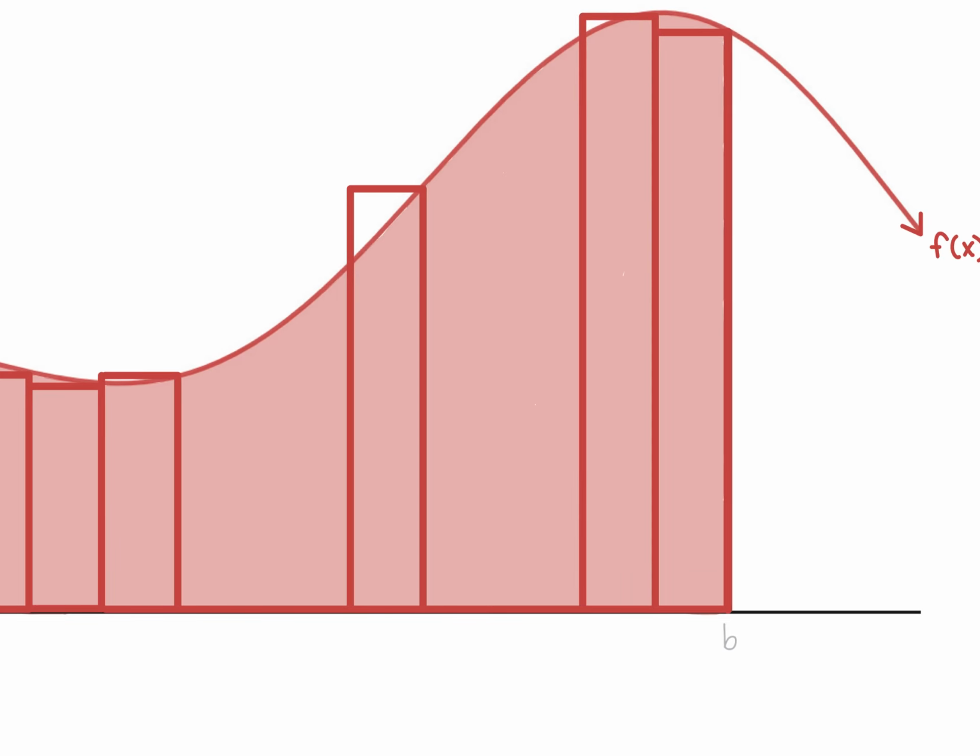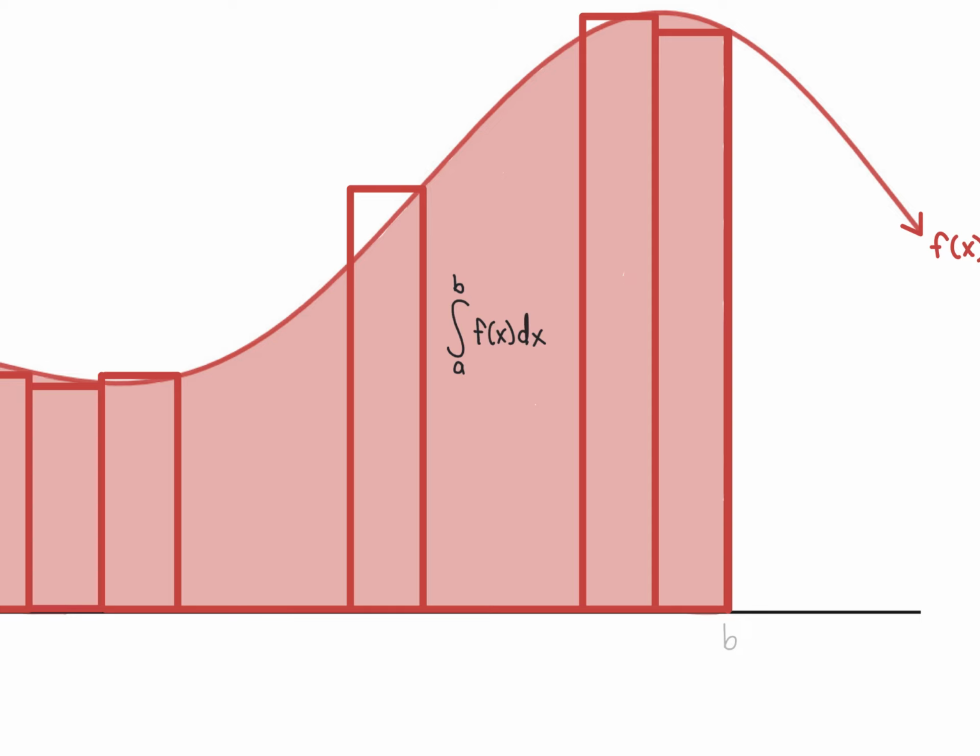The way you denote it in calculus is you put a little integral symbol. The x value farthest to the left is called the lower limit, and the x value farthest to the right is called the upper limit. Then we have f of x dx.